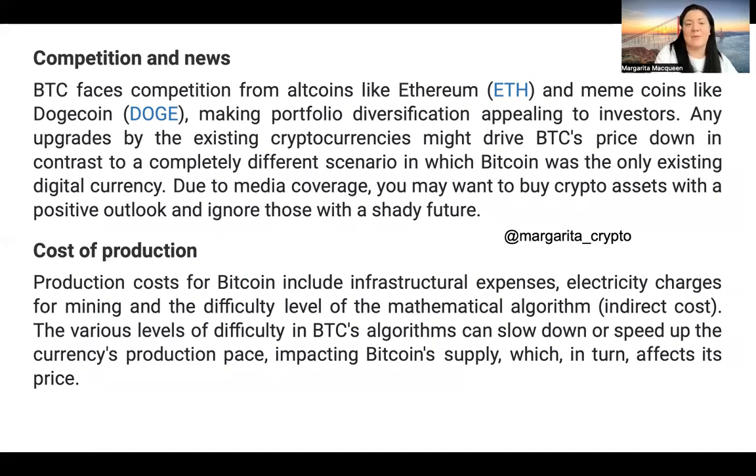Any upgrades by existing cryptocurrencies might drive Bitcoin's price down, in contrast to a completely different scenario in which Bitcoin was the only existing digital currency.